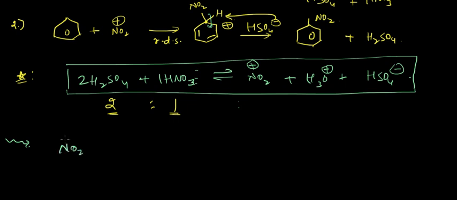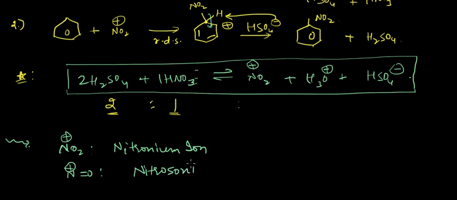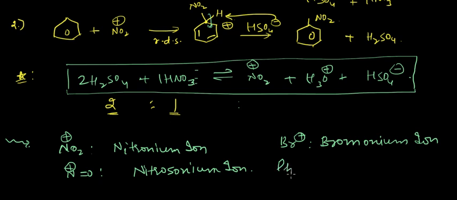This ion is known as nitronium ion, this is known as nitrosonium ion, this is known as bromonium ion, and this is known as diazonium ion, and R plus is known as carbonium ion.